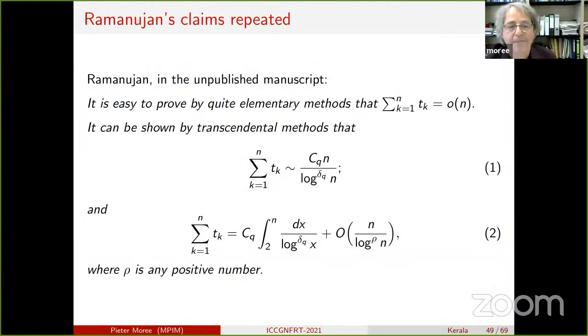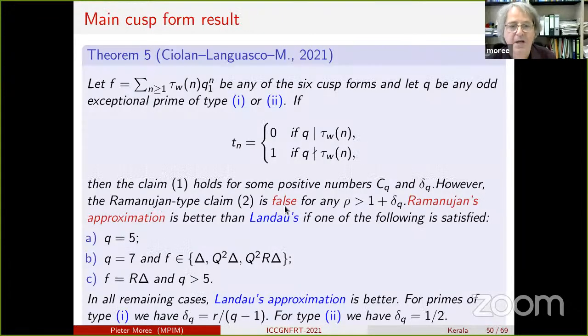So those were the results, and now let me show how we apply this to the unpublished manuscript. I remind you of the statement in the unpublished manuscript. There was the number 1, which is the asymptotic, and here there is the integral approximation.